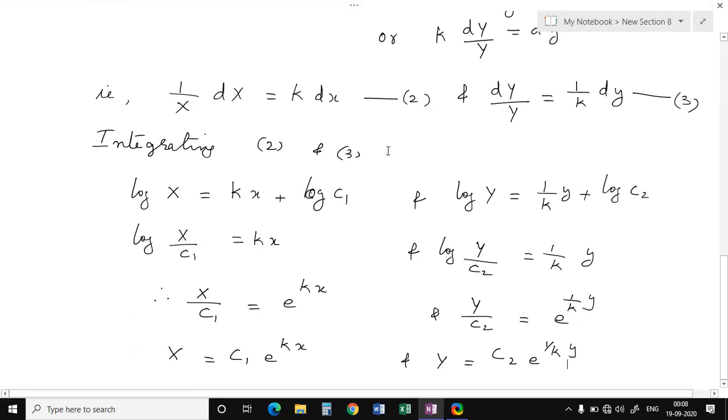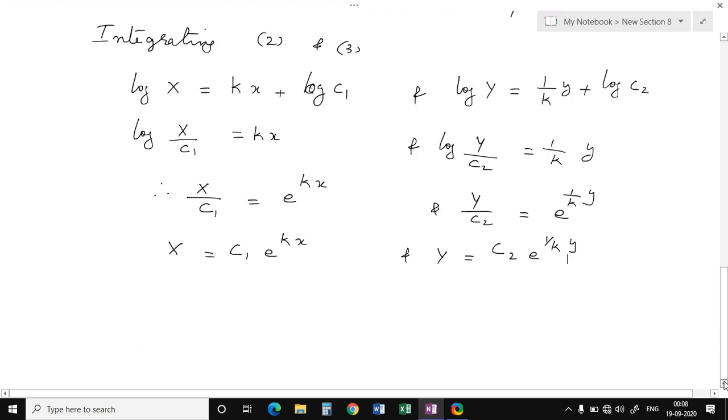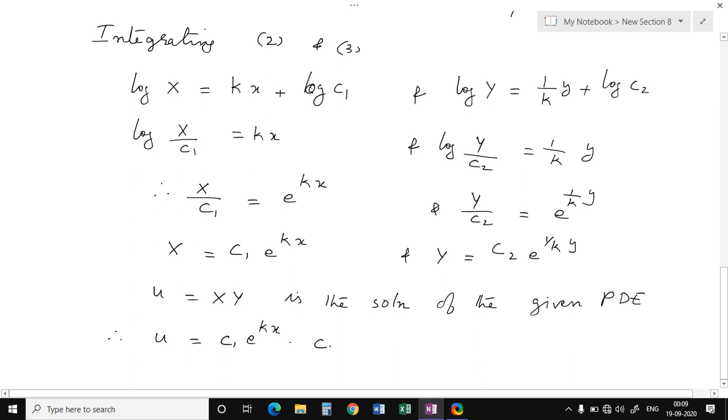So we started the method of separation of variables by making the assumption that u is equal to XY is the solution of the given PDE. Therefore, we can find u equal to c1 e to the power kx multiplied by c2 e to the power 1 by k y is the solution.